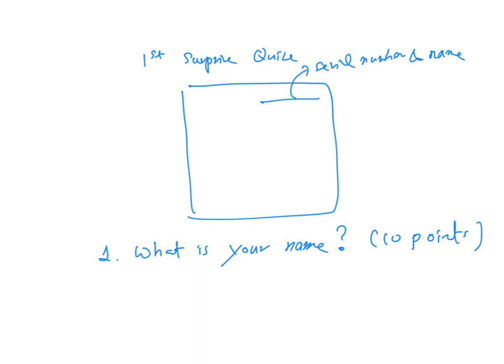All done? Yeah, let's collect it from the back. So you have to write your name twice, on the top and on the answer sheet. Okay? So question number 1, what is your name?